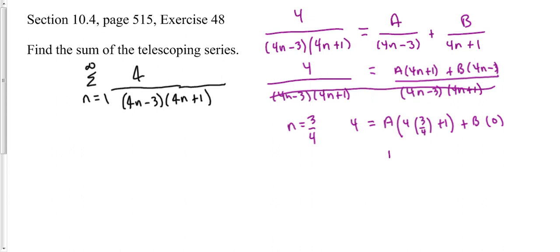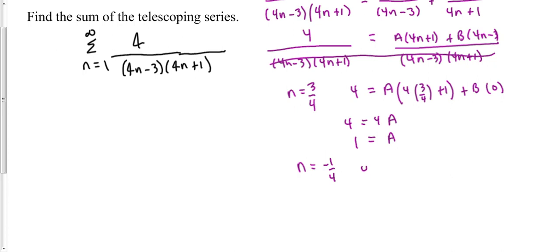This gives me 4A equals 4, or A is equal to 1. My other good choice for n is going to be negative 1/4.